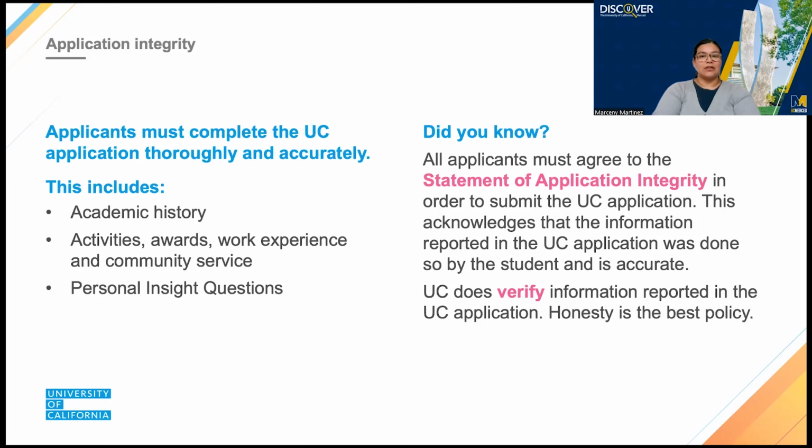In fact, UC does verify information that students report on the application, and it is important that students do not misrepresent or put in false information, as this is a serious offense and will result in serious consequences. And lastly, just remember, honesty is the best policy.